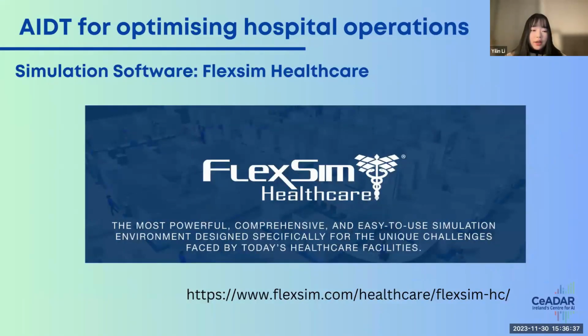And they also use the FlexSim healthcare software to create 3D visualizations of hospital twins to assess and visualize patient and staff loads to make data-driven decisions for resource management.